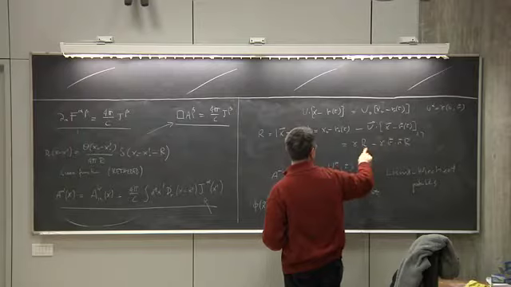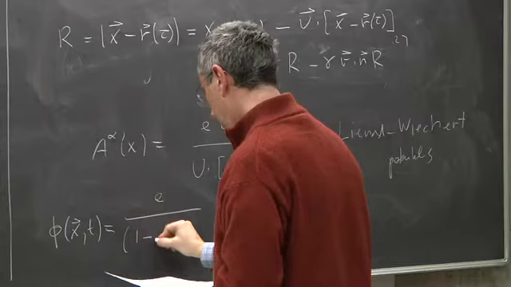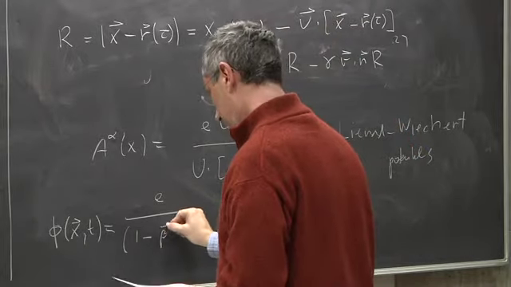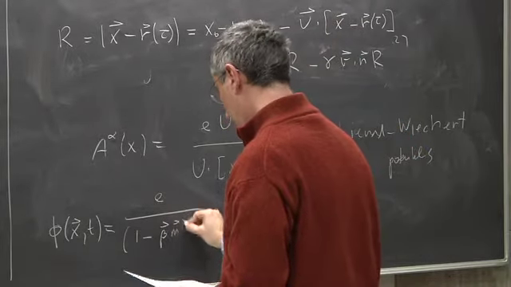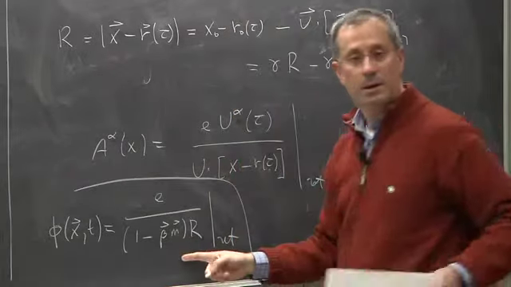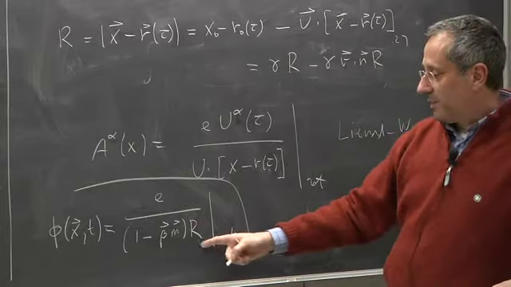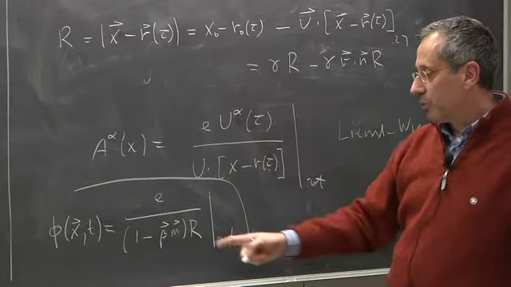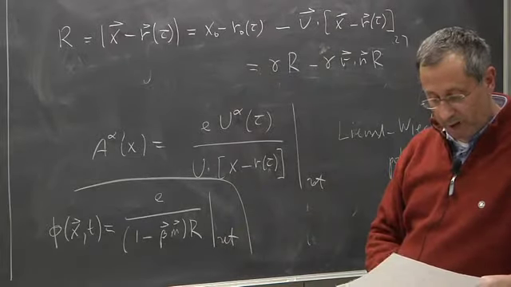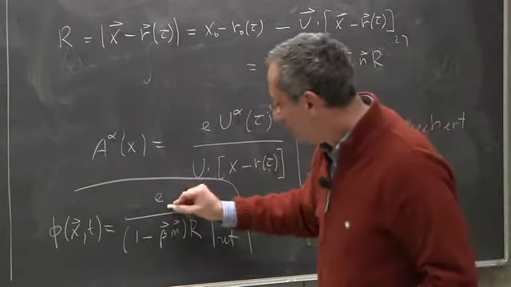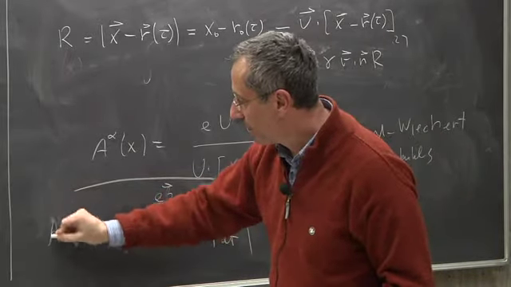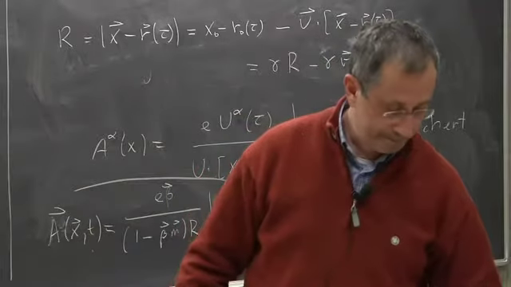You collect this: 1 minus this v, there is this c, so it's a beta really, n, and you collect at the retarded time. And this, if you remember, is what we derived for the Liénard-Wiechert potential in three-dimensional space. And similarly, you can write exactly the same thing with the beta here. This is the vector potential.